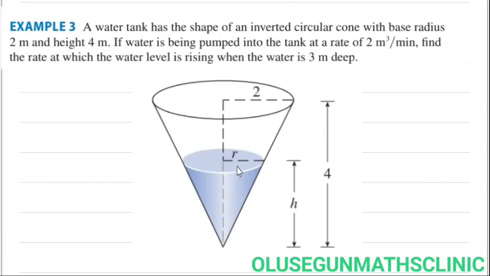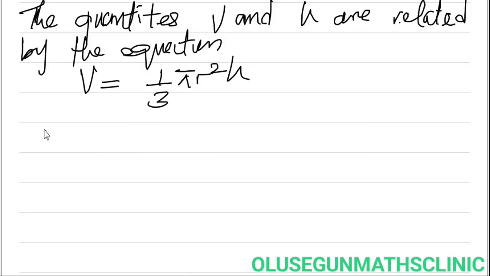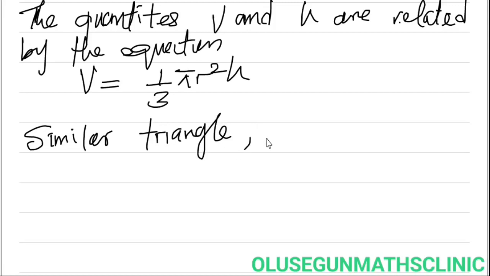the small radius over the big radius will be equal to the small height over the big height. By applying similar triangles, we have r over 2 is equal to h over 4.